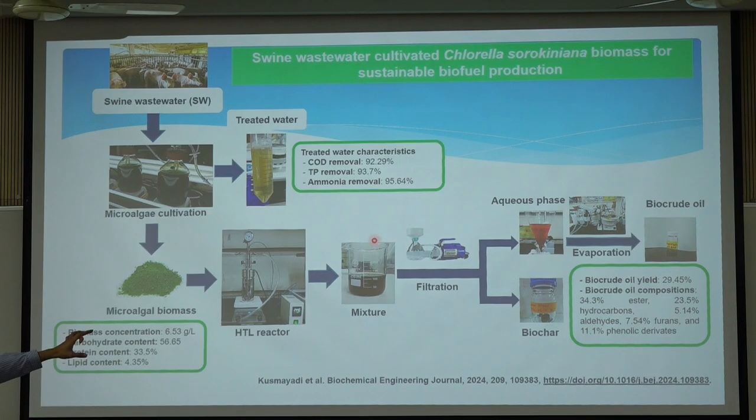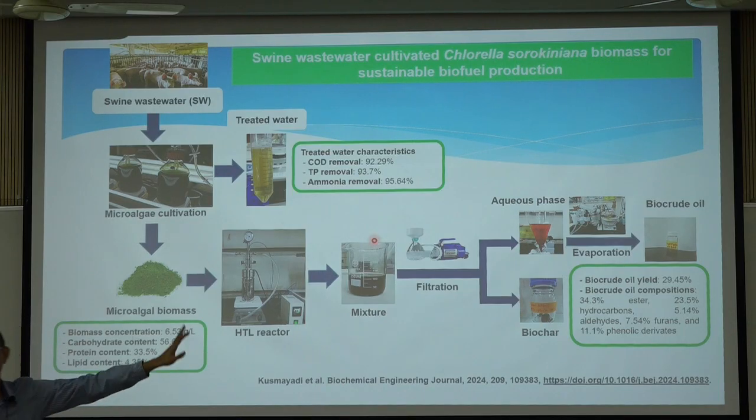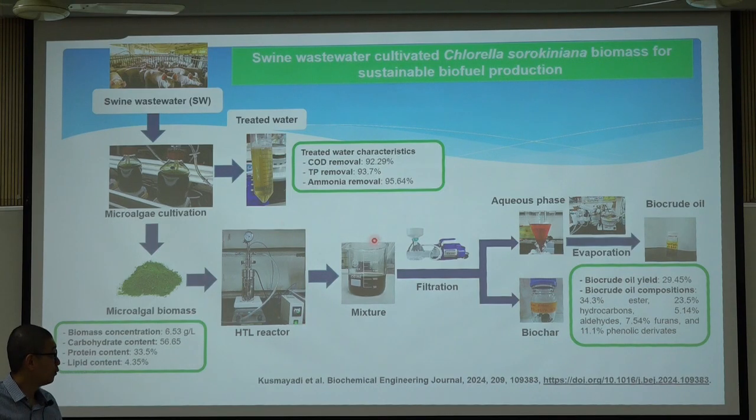Then the biomass can be further processed to produce bio oil, bio crude oil. We stop at bio crude oil. The bio crude oil maybe can be further processed to produce biofuel. Then the biochar, we also stop here and didn't further process, so we can study the properties of the biochar or hydrochar, because we are using hydrothermal reactors.